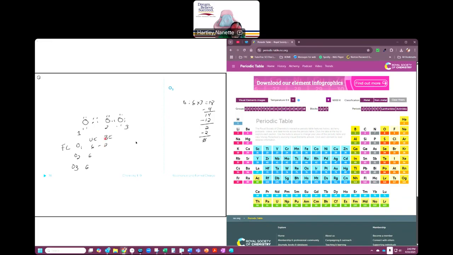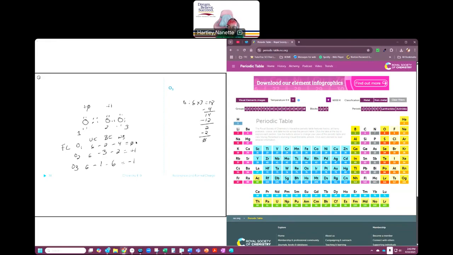We have 4 from the non-bonding electrons. So that's a 0 charge. On oxygen 2, we have 1, 2, 3 from the bonding. We have 2 from the non-bonding. That's a +1 on this one. And then on oxygen 3, we have 1 from the bonding electrons, and then 2, 4, 6 from there. So that's a -1.